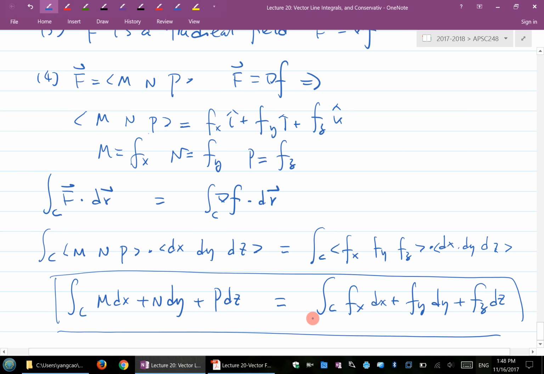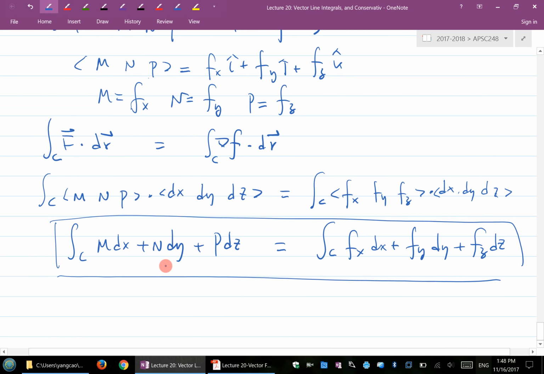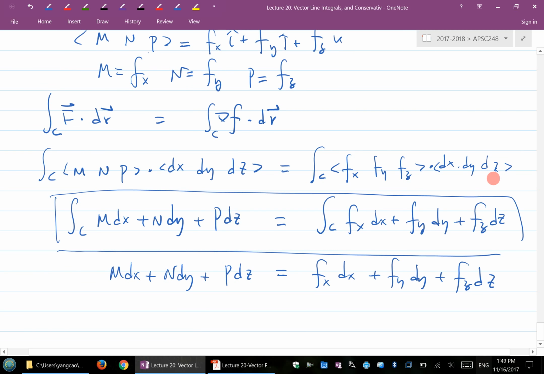Now you see, what it means is your M dx plus N dy plus P dz equal to this Fx dx plus Fy dy plus Fz dz. And this Fx dx, Fy dy, Fz dz is the total differential right here.